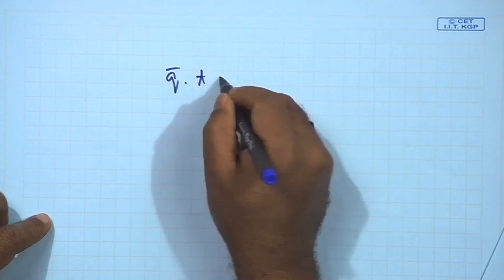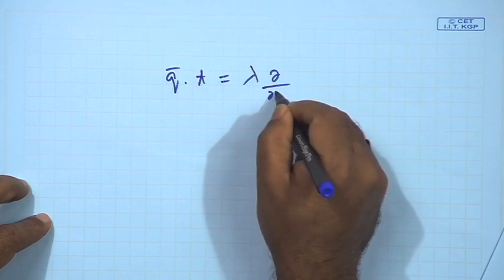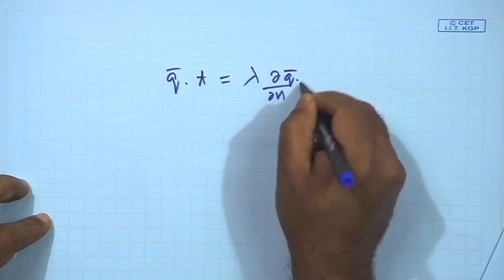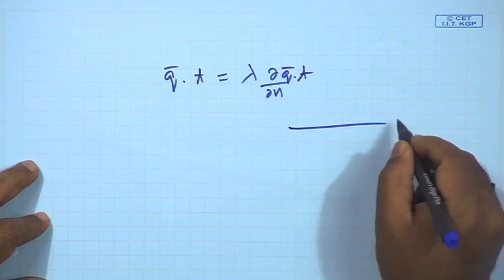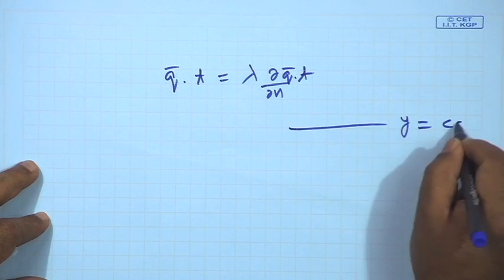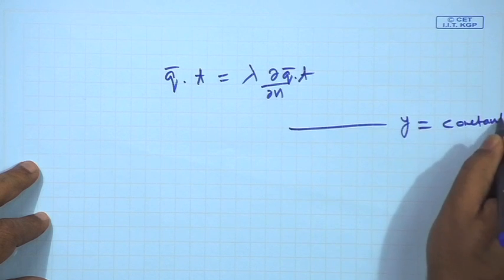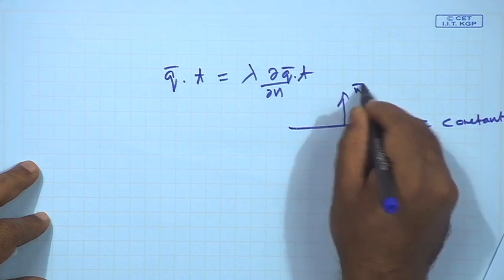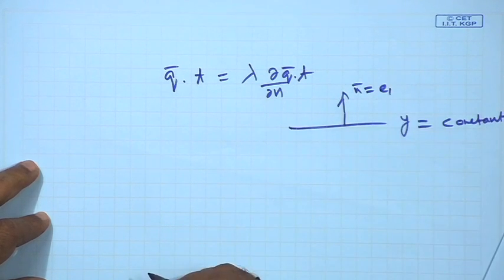Okay. So, you will see, for example, how the corresponding slip can be written in Cartesian coordinates. So, q dot t equals lambda times the normal derivative of q dot t. Suppose our surface is y equal to constant. Then what will be the normal? The normal will be E1, right.